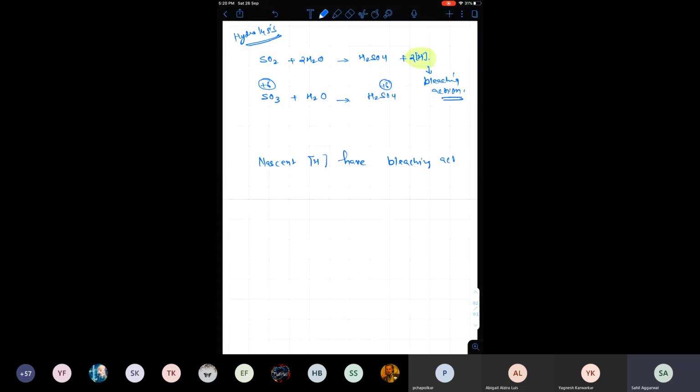that is, they can convert colored matter to colorless. Okay, copy it fast. Colored matter to colorless.